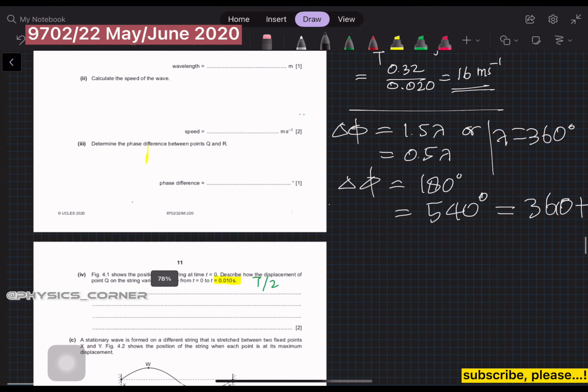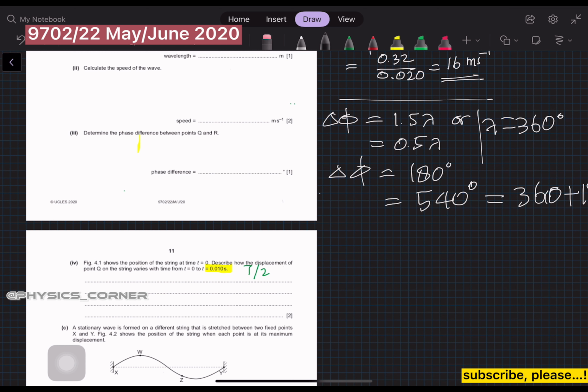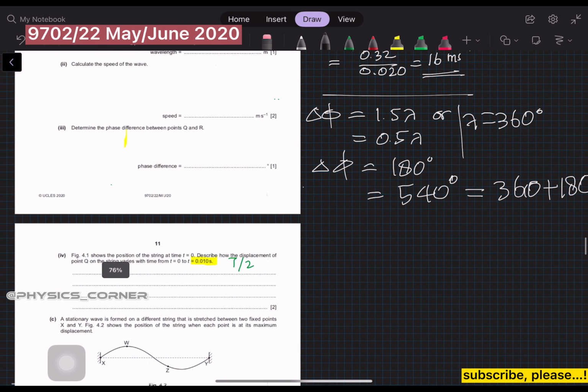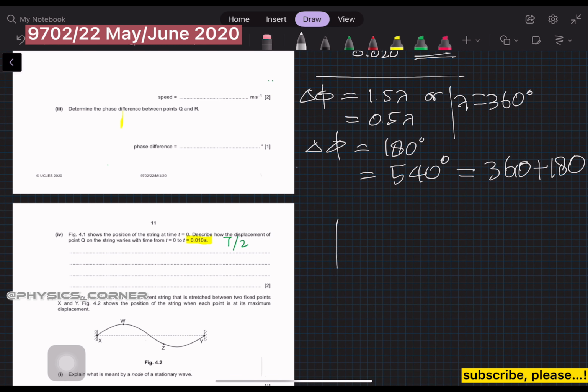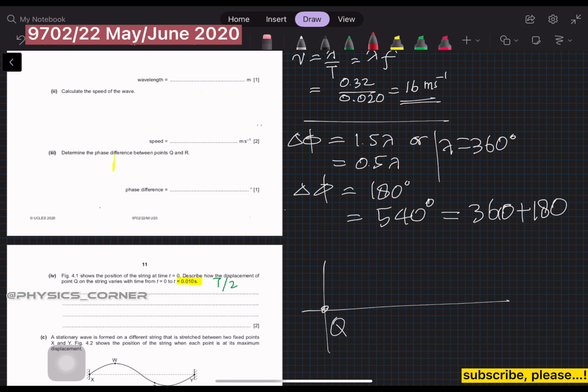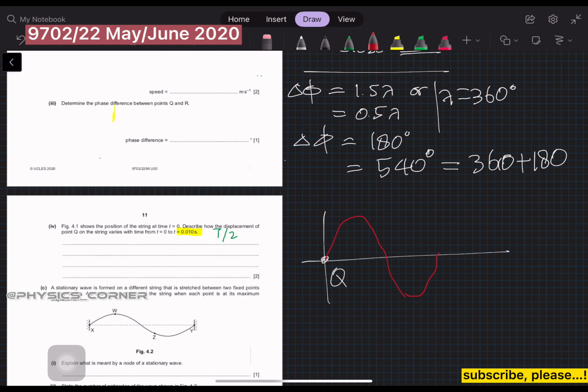So this is Q, and the period is 0.02 seconds.